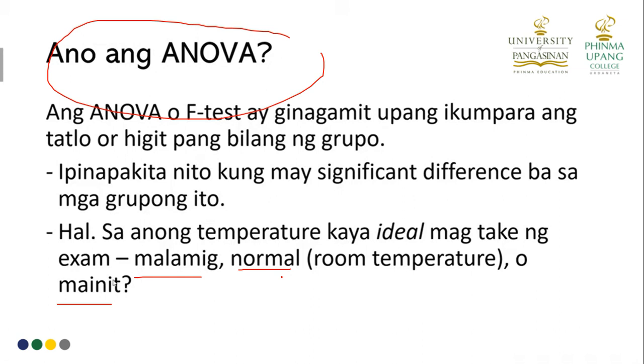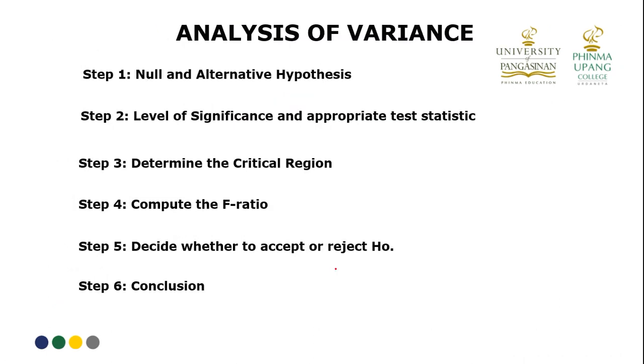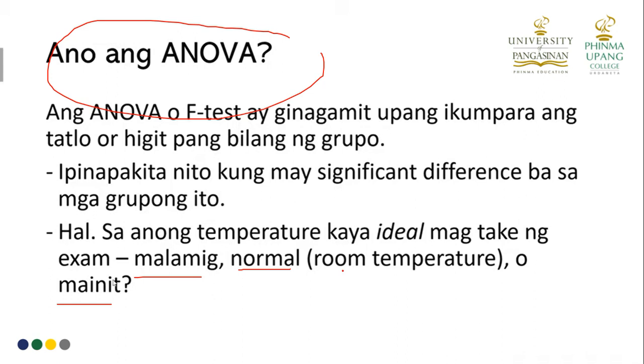So, kapag gagawa kayo ng survey, kung ano yung may mataas na mean, hindi lang po enough yung pagkuha ng mean. Kasi yung ibang tao ayaw ng malamig, yung iba normal lang.